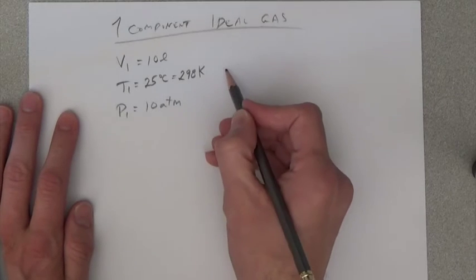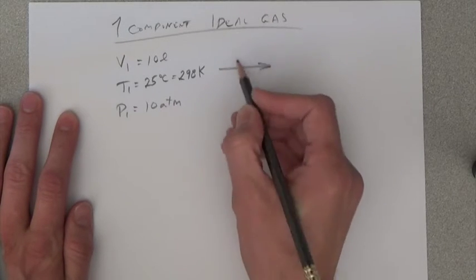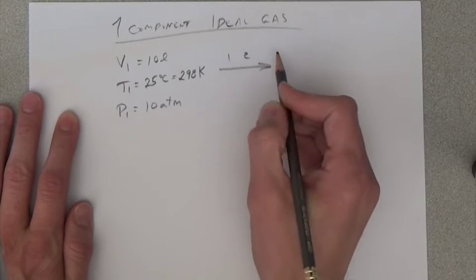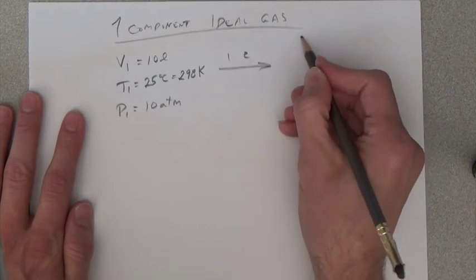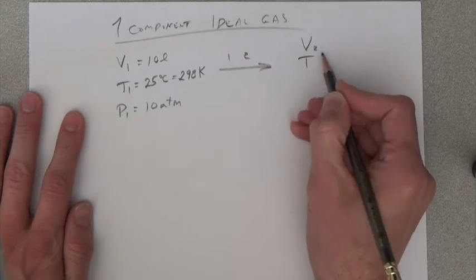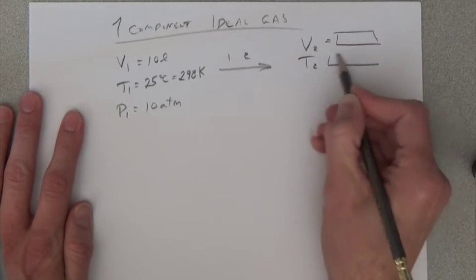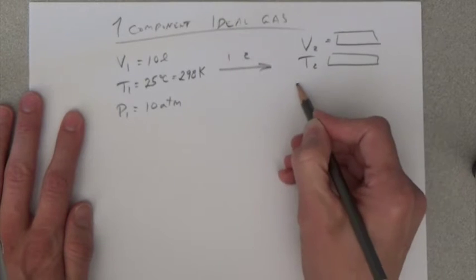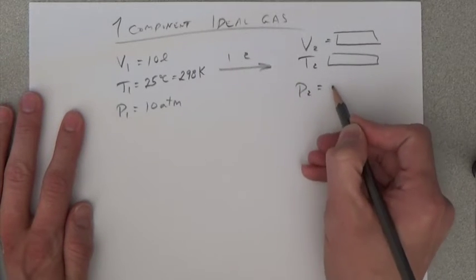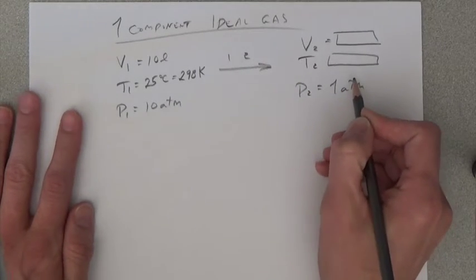And then it's going to transform from state 1 to state 2, to some unknown volume and temperature, and a given pressure P2 equal to 1 atm.